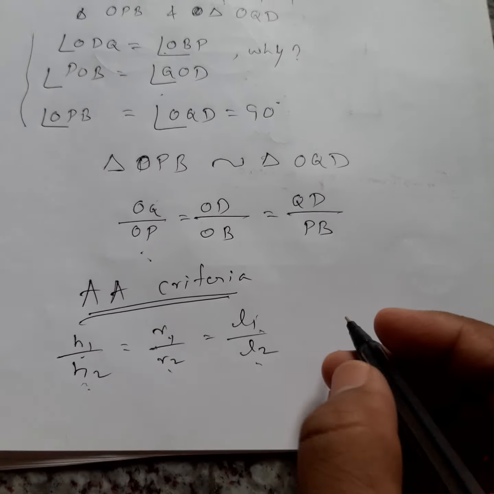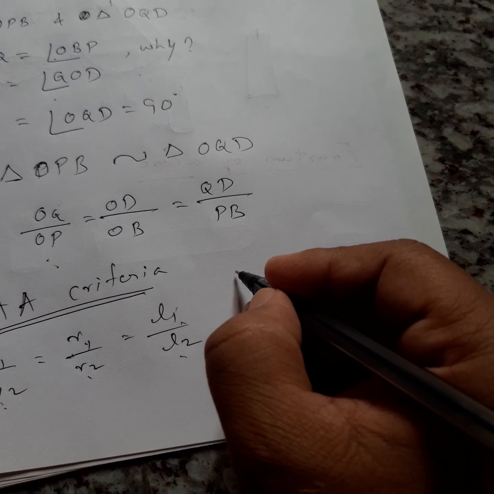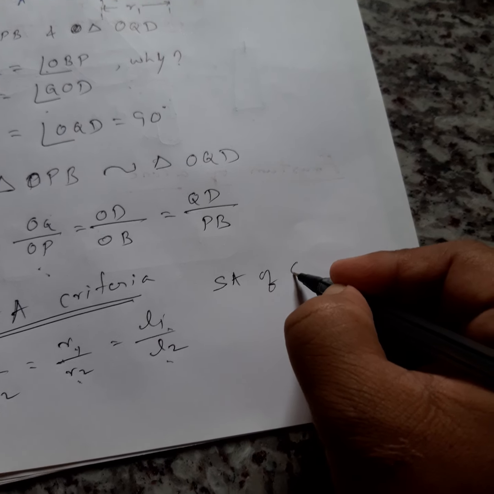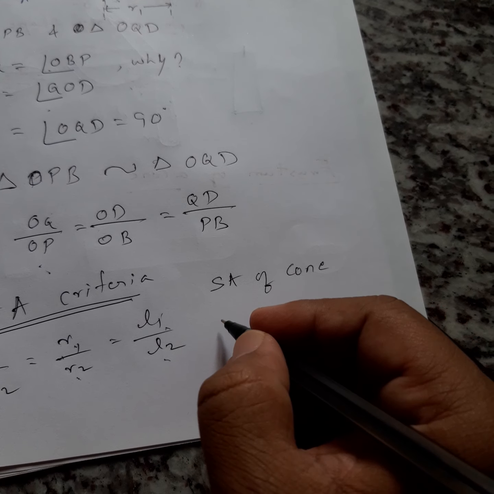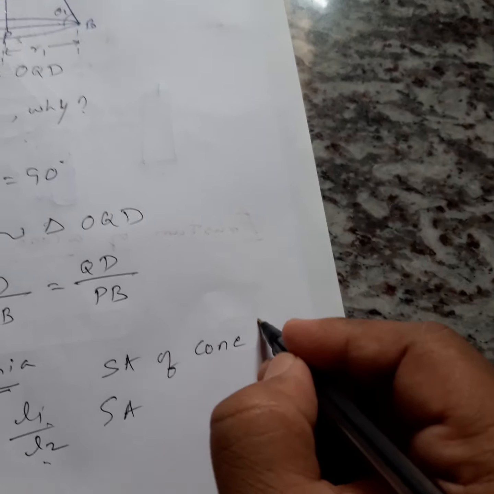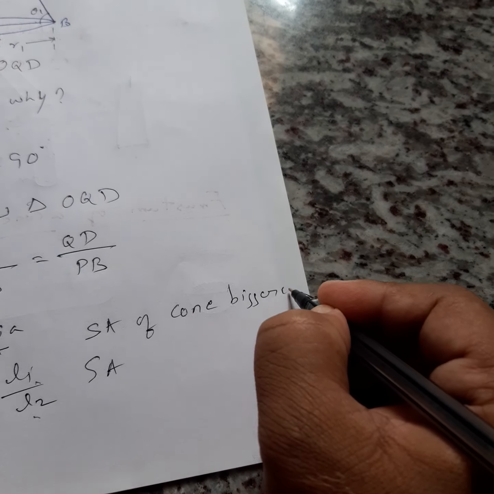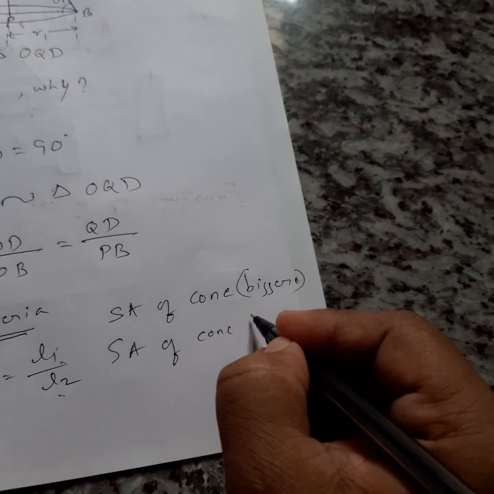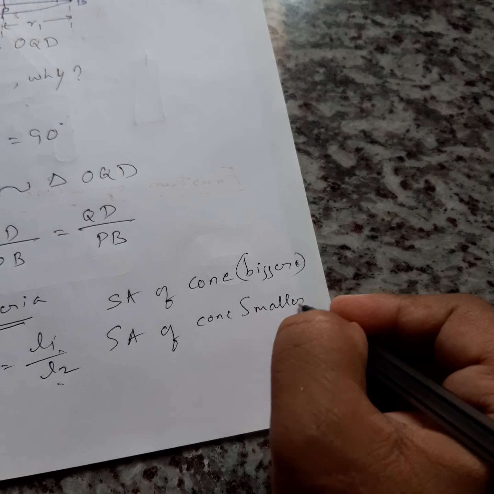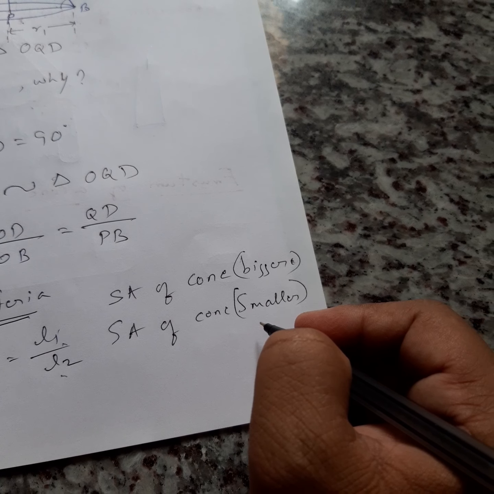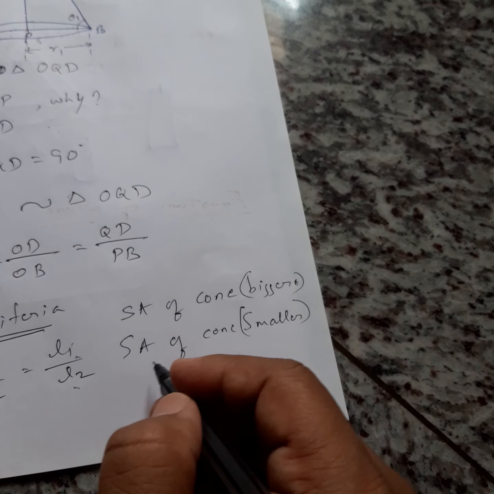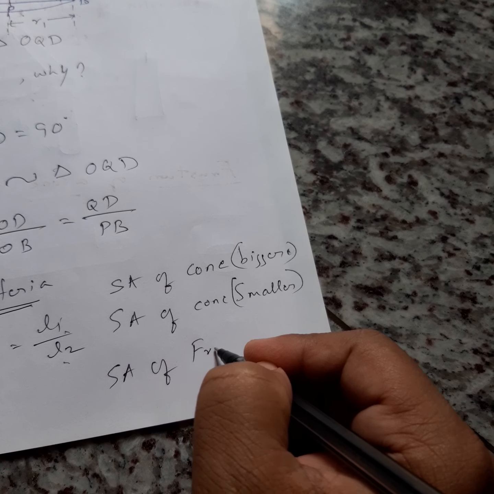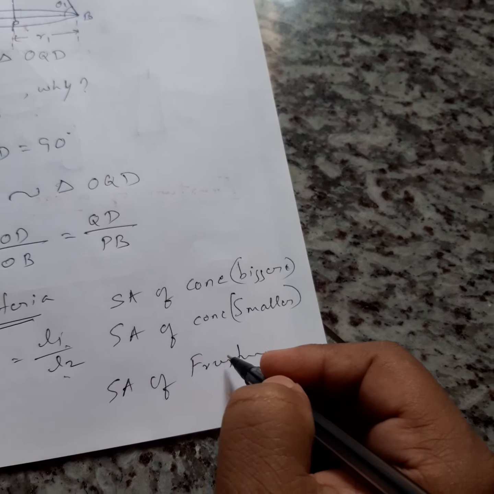Once I find the surface area of the bigger cone and the surface area of the smaller cone, then I can find the surface area of the frustum. How?